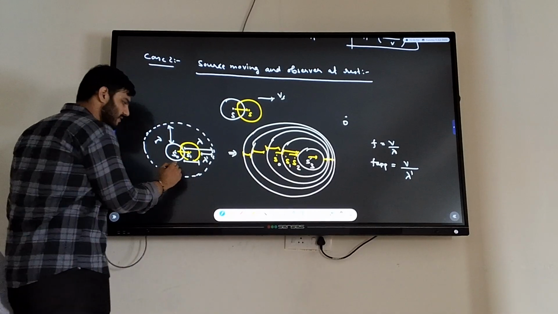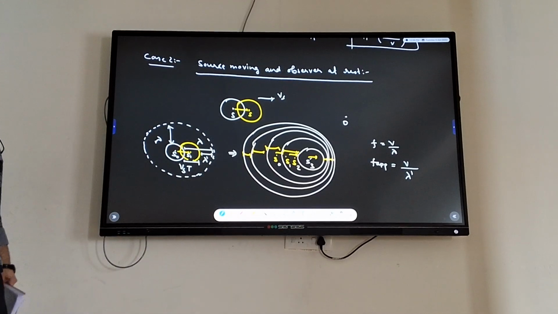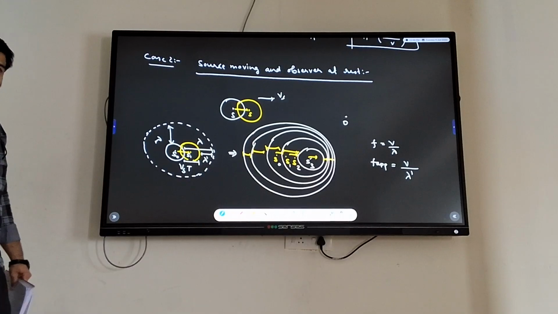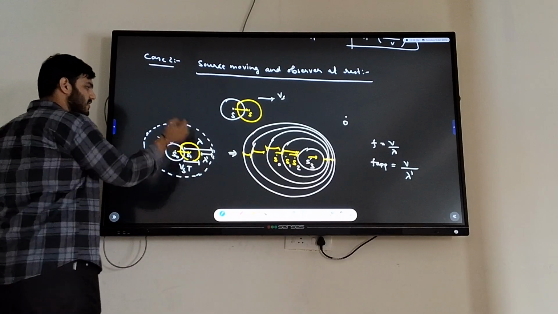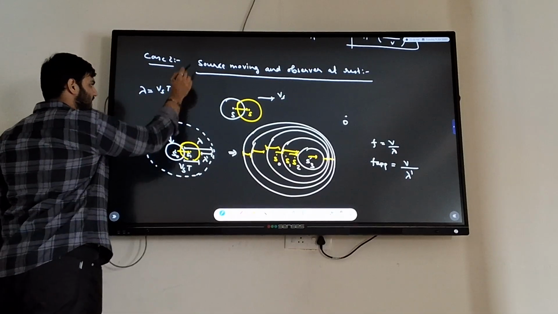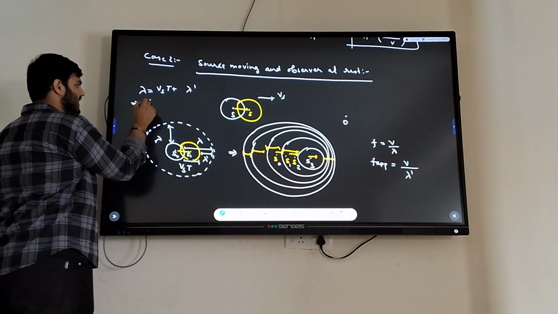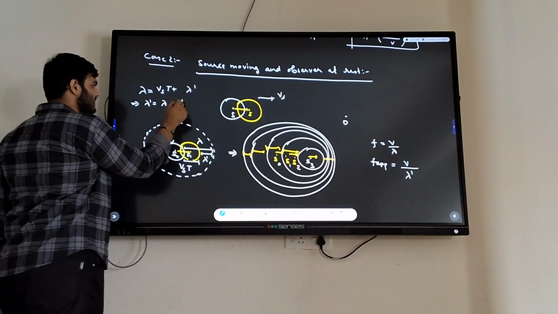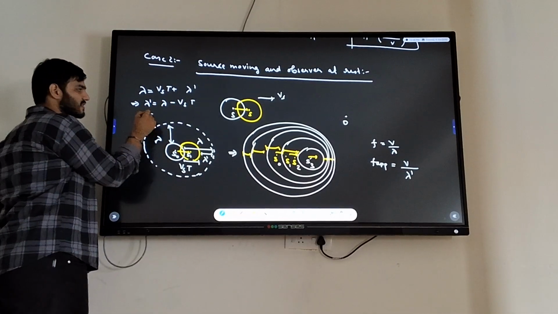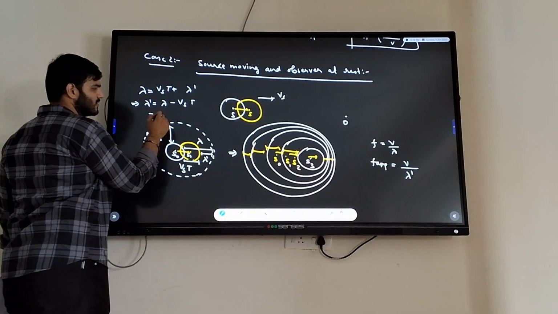Vs into capital T, one time period. This is the distance that you covered. So according to this equation, lambda equals Vs T plus lambda dash. So that means my lambda dash should be equal to lambda minus Vs T. And what is lambda from that equation? I think that will be equal to vT.